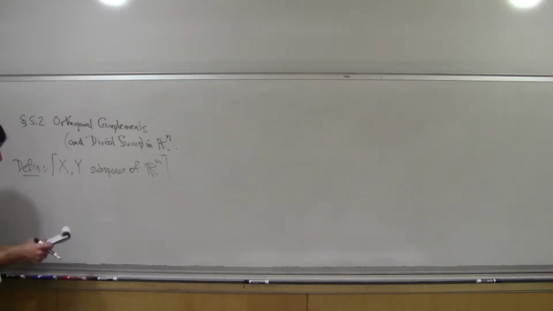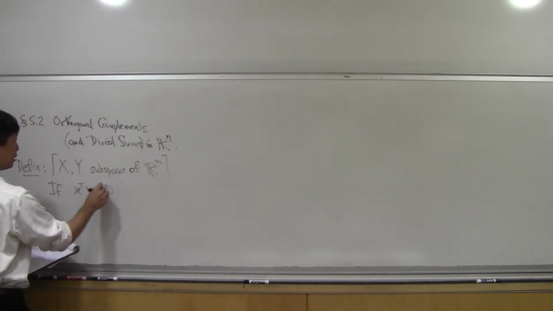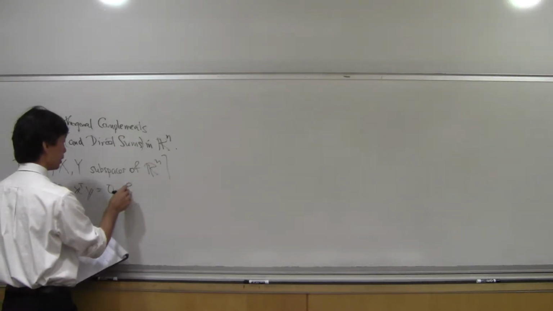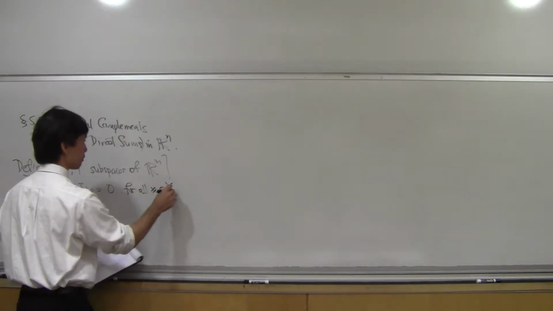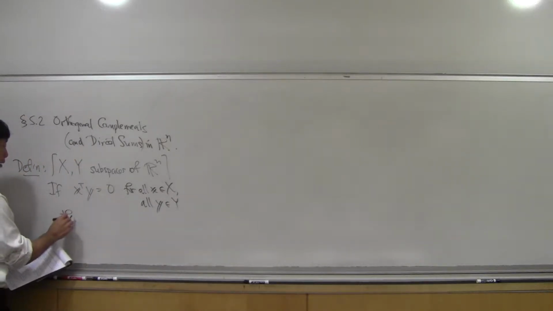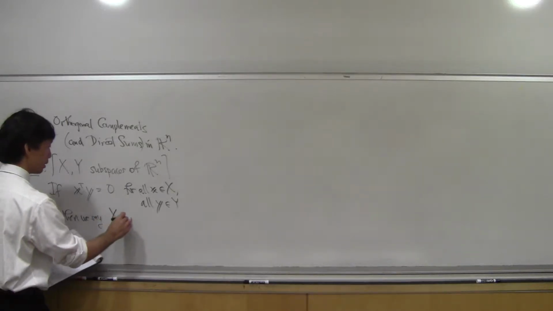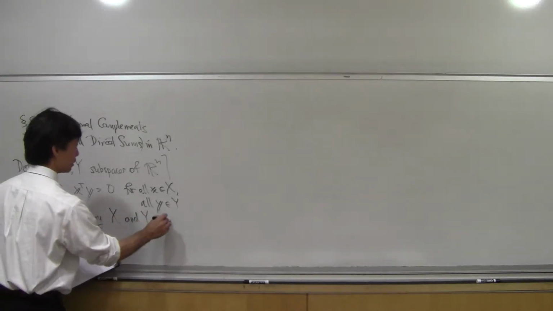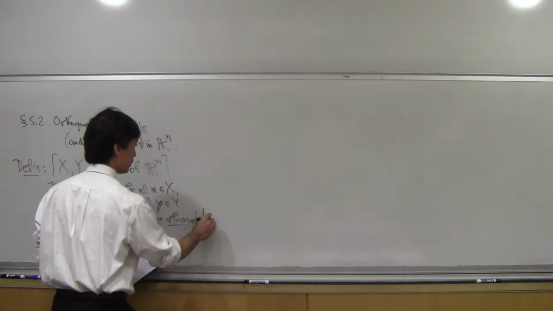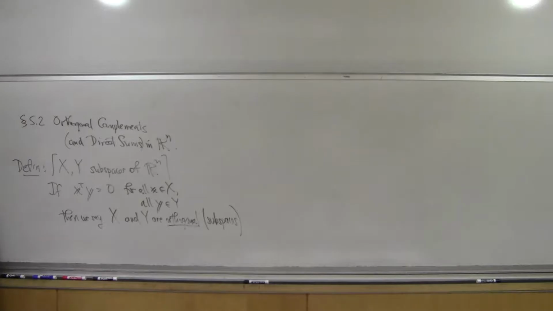Formally, if the dot product of x against y is the number 0 for all x in X and all y in Y, then we say that X and Y are orthogonal subspaces.